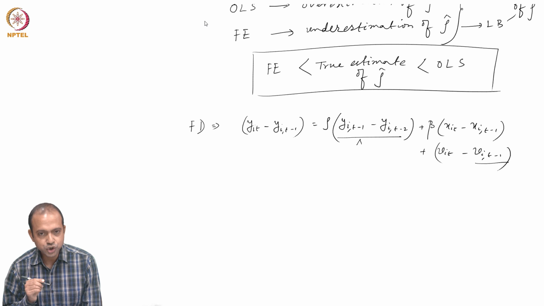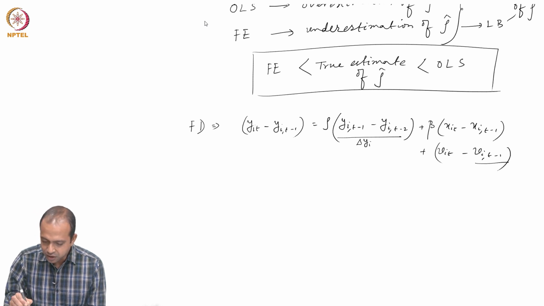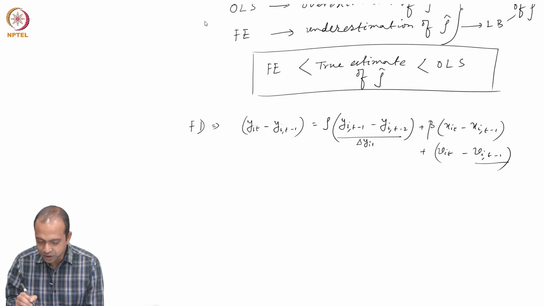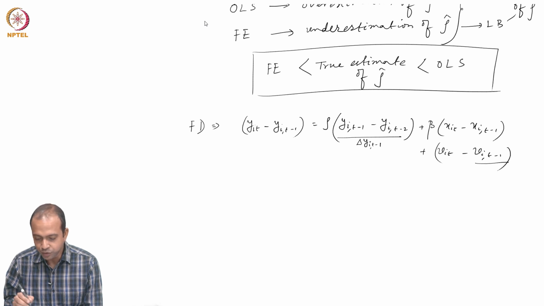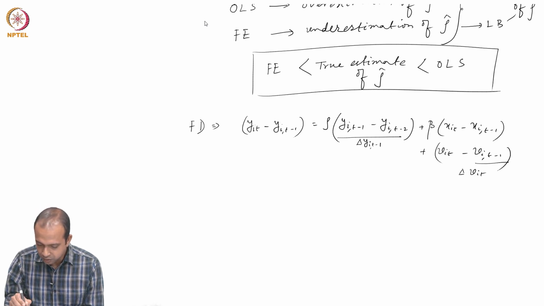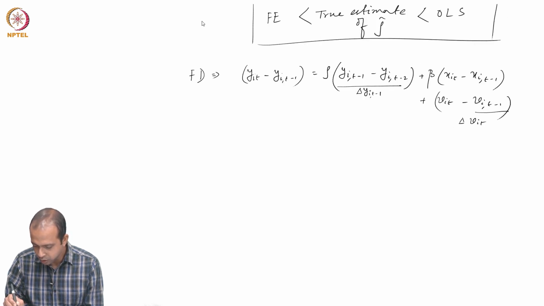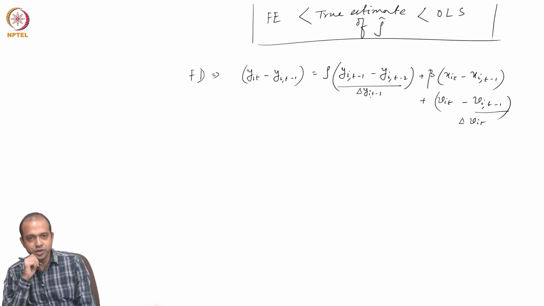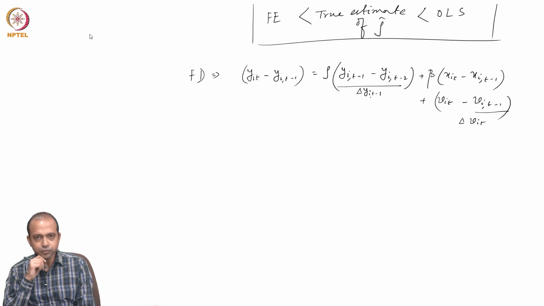So, what is the solution we offered? We said that when FD is not workable because of this endogeneity, we will use IV, either delta YIT minus 2 or YIT minus 2. These are the two instruments we can use, right.